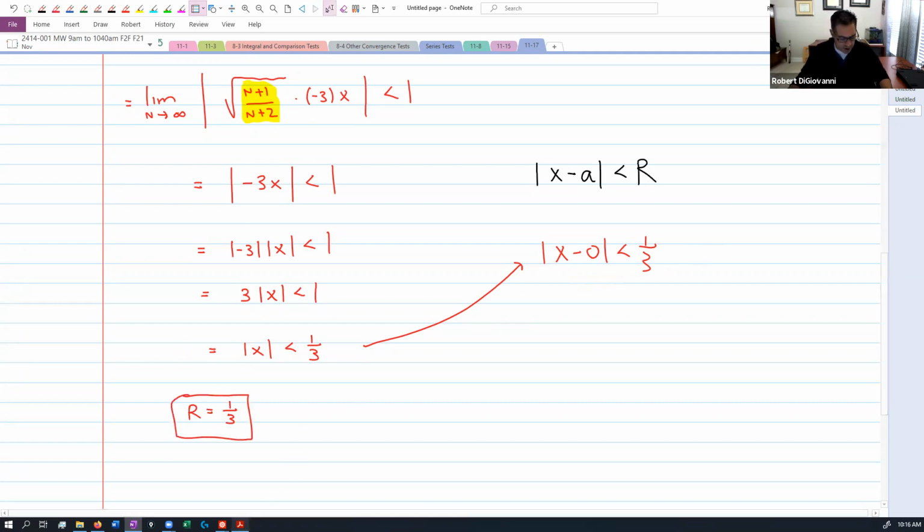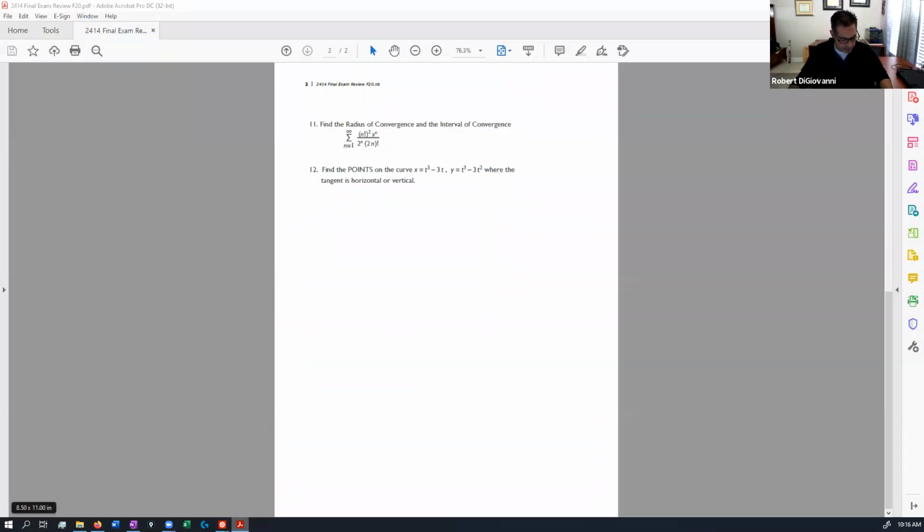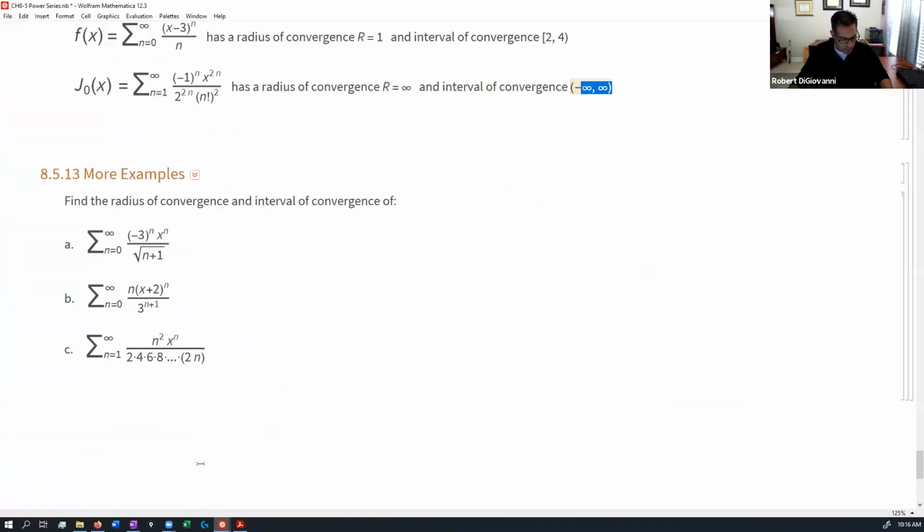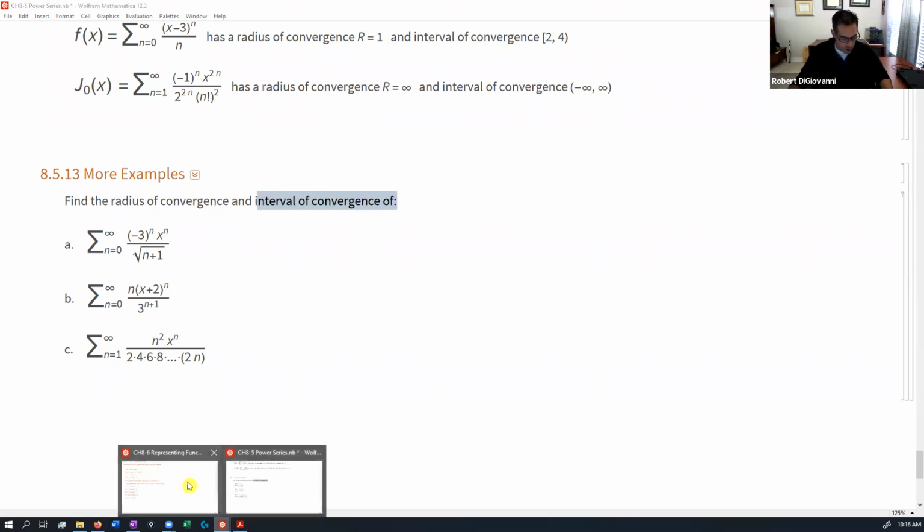The instructions here were to find the radius of convergence and the interval of convergence. The interval of convergence requires more work. I need to do more. I'm not done.